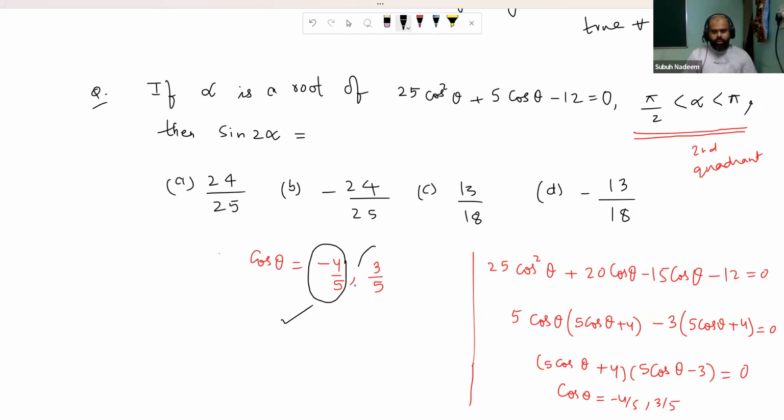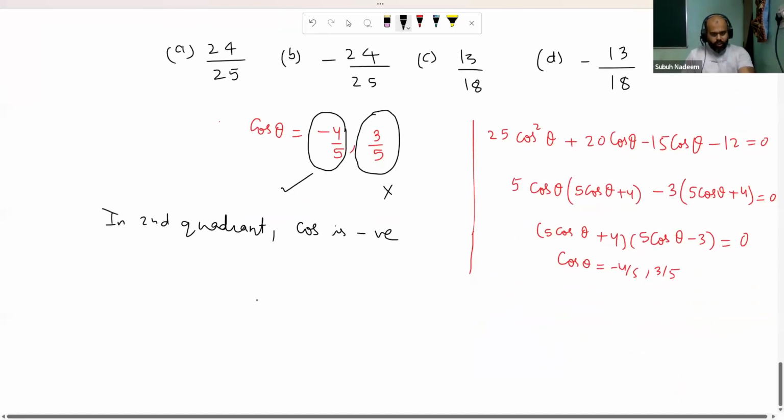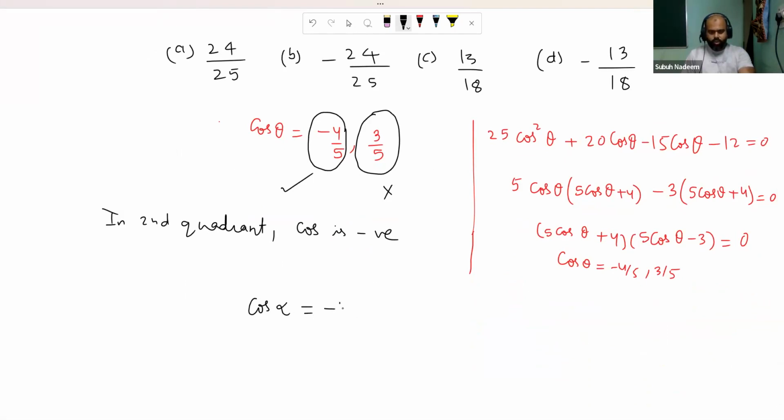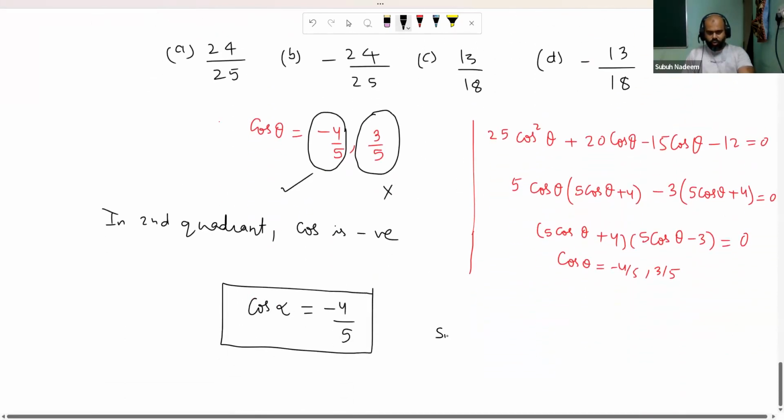So we will reject 3 by 5, because in the second quadrant, cos is negative. In the second quadrant, sine and cosec are positive. Fine. So minus 4 by 5 is the value of cos theta. That theta is actually alpha, because that is what the root is. So cos alpha is minus 4 by 5. Now you have to find sine 2 alpha. Now you can proceed.